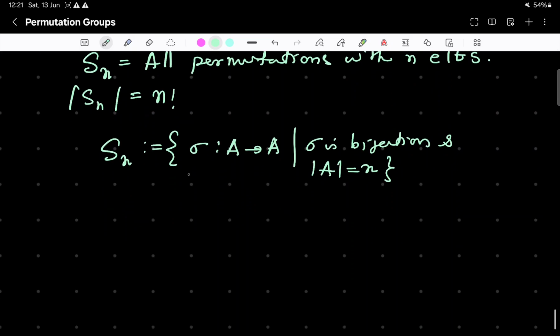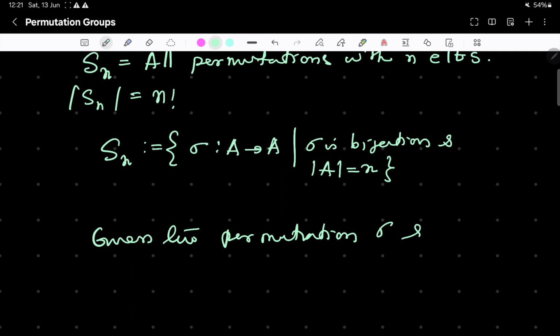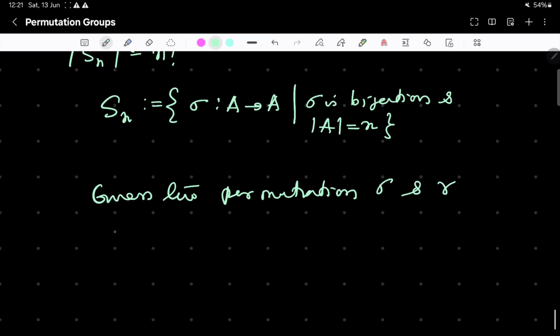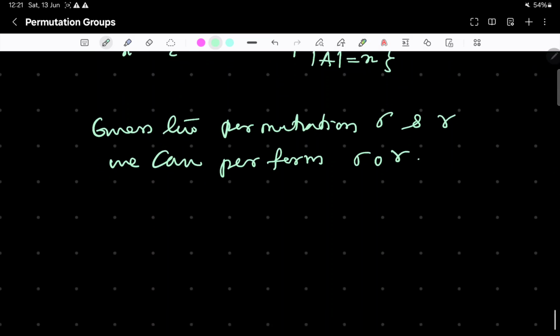If you are given two functions, the best operation we can see is the composition. Given two permutations sigma and gamma, we can perform the composition. We already studied what composition is, right? So let's see what is meant by that.